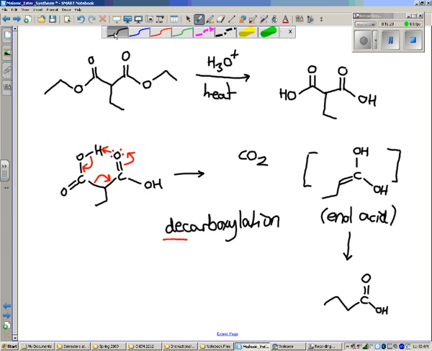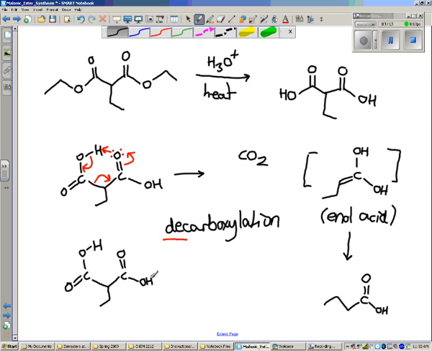Now, let me look at one more thing here. I'm going to draw this guy out again and maybe give anybody that didn't really understand what happened the first time a simpler way to follow the electron flow. Personally, I like this one because it shows me exactly where everything is and where it's going, but I'm going to draw another one out and show you essentially what the book shows.